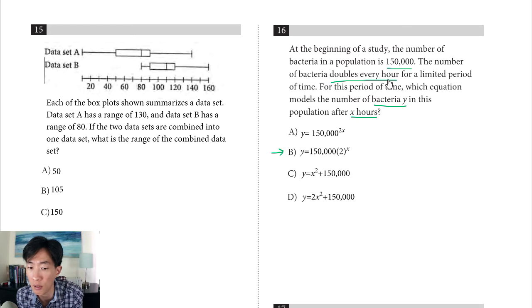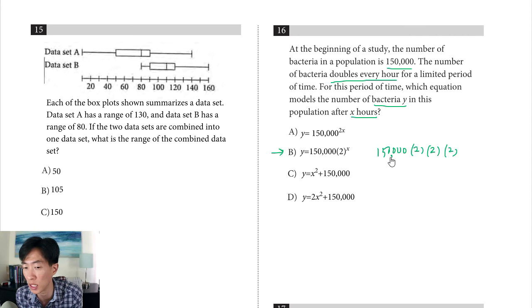And then if it says every hour, it makes sense to put X as the exponent, because think about what's going to happen. You're starting with 150,000. After 1 hour, you're multiplying it by 2 because it doubles. After another hour, that whole number is going to double again, so you're multiplying it by 2. After another hour, this whole number is again going to double, so you're multiplying it by 2.